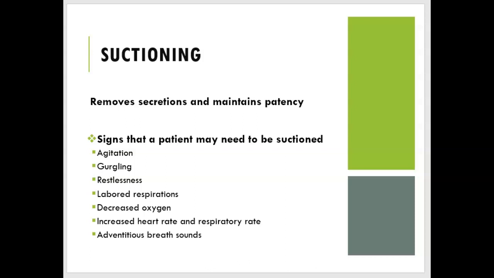So if you go in to assess a patient and you take their pulse ox and you notice that it's lower than it should be, like in the low 90s, upper 80s or less, less would be bad, you might want to listen to their lungs, because you may not be able to hear without your stethoscope that they have a lot of stuff built up in their lungs.